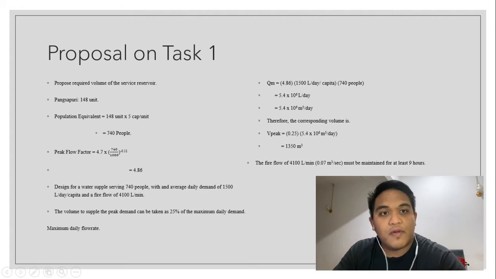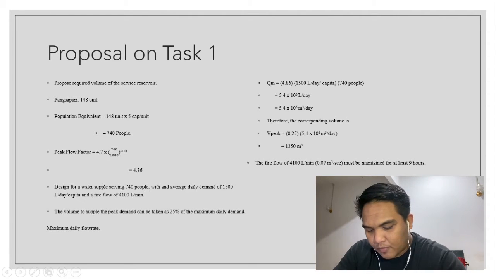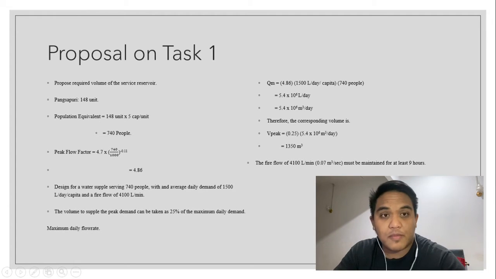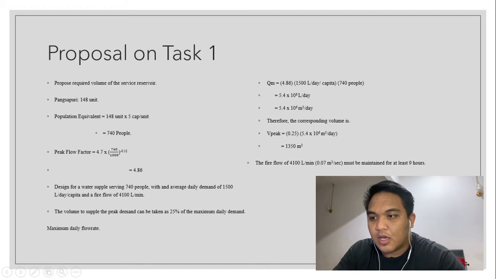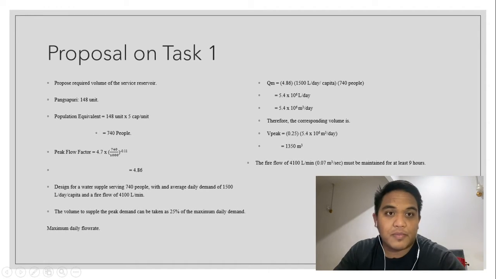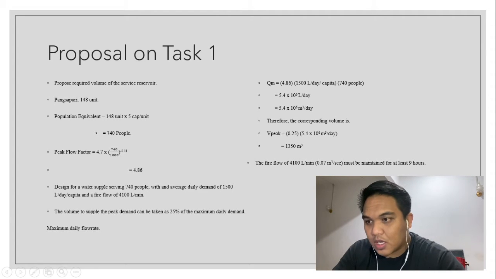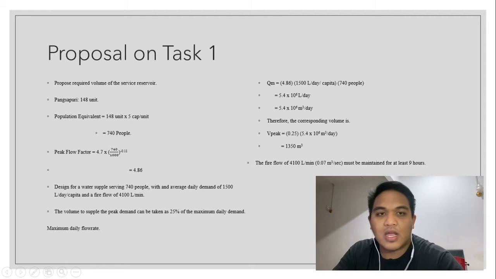This value of 5 capita per unit we get from MASMA 1228, which requires residents at 5 capita per unit. So we get the population equivalent of 740 people. After that we can find the peak flow factor.